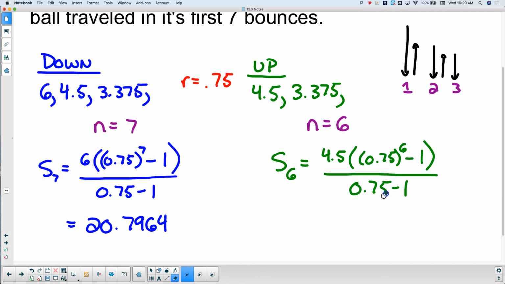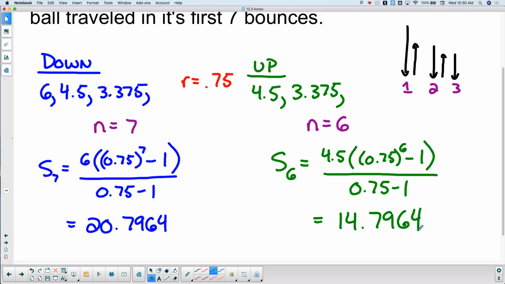Now I just got to redo the whole thing. I get here that this one is 14.7964. And I didn't even use a calculator. What's the difference between the two sequences? The original 6 feet. That's my extra term on the down.